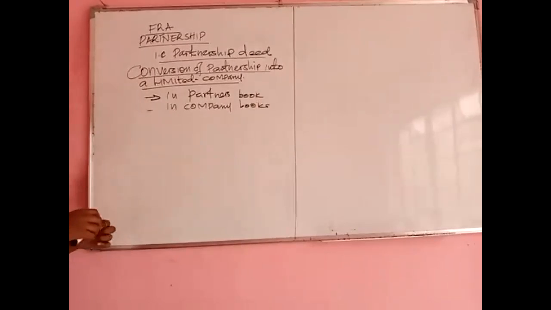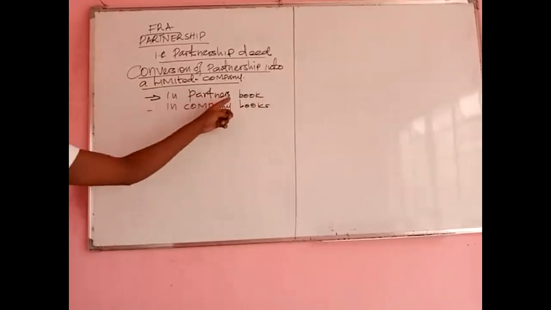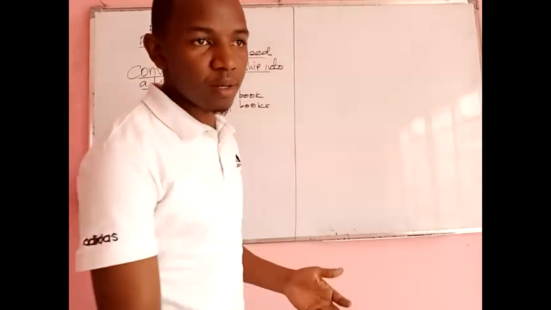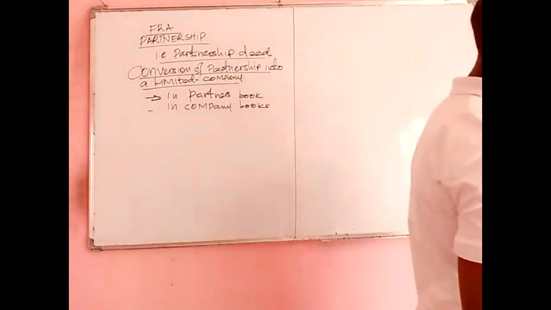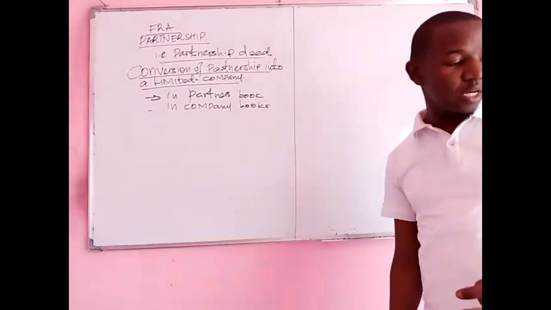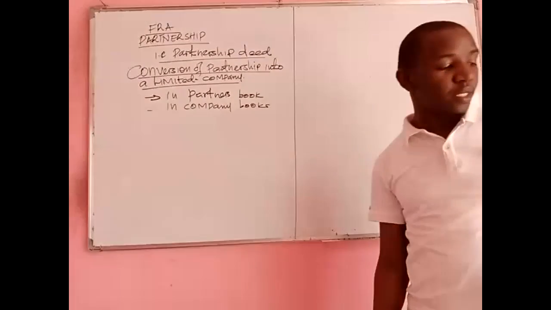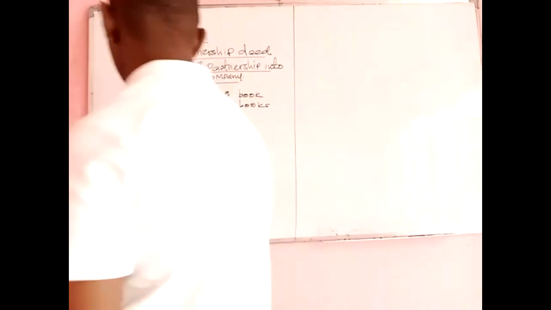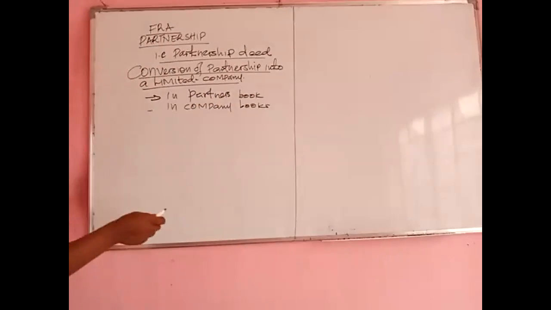For the partners, you are closing the books of the partnership. In the company books, you are opening the books of what? The company, right? The purchase consideration shall be determined as follows.